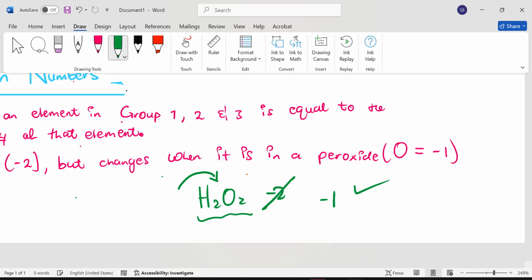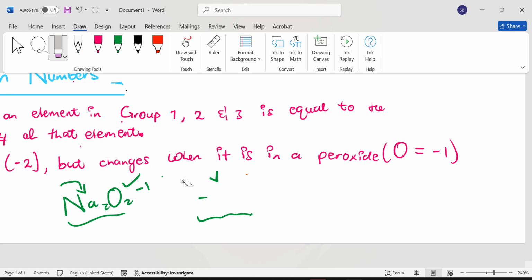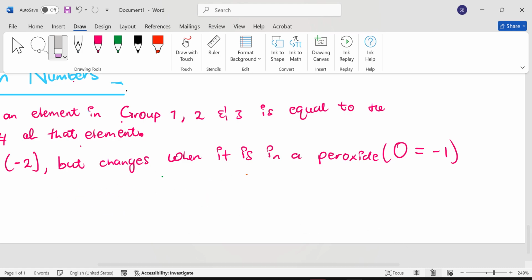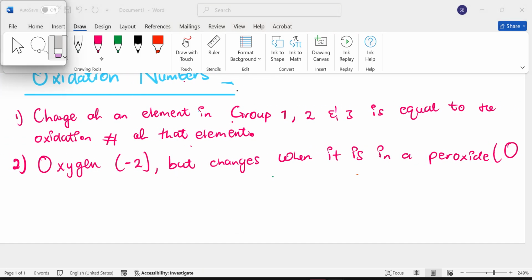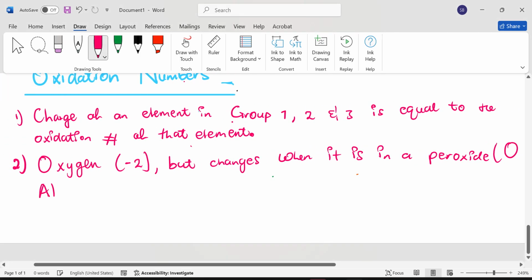That could also be any other peroxide, say sodium peroxide, Na2O2. If it's like this, then it will not have a -2, but it will have a -1, right? So that's very important information. These are rules that you must make sure you do not forget. Very, very important rules. Oh, and also it changes when it's bonded to a fluorine.